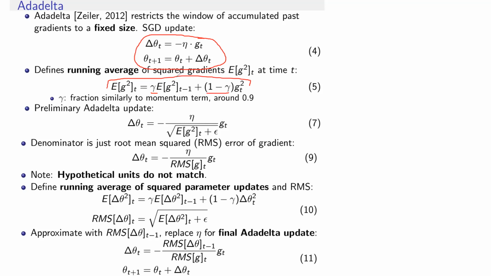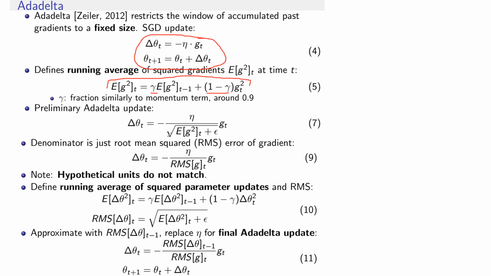We remember all the g squared starting from the first, but because gamma gets smaller and smaller after the multiplication, you get gamma to some power. So eventually you don't reflect the change that you had from the first gradient.